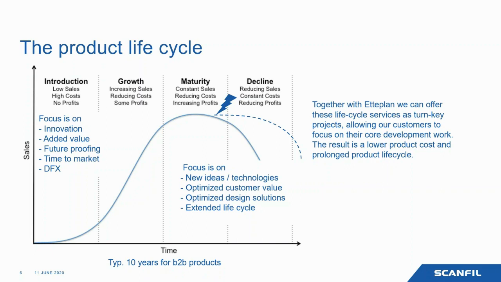And sometimes it is tricky to find resources to do these kind of projects, and we see it as a good benefit to our customer base that we can offer basically a turnkey project to implement the agreed cost reduction activities. And of course, the target is to increase the margin and maintain that increased margin over time, and that enables the extended life cycle for your product.